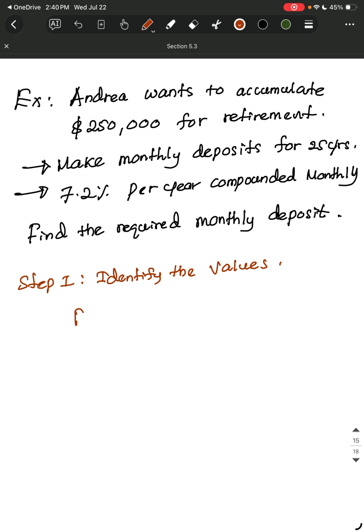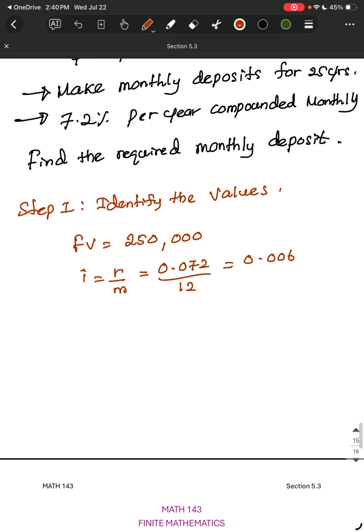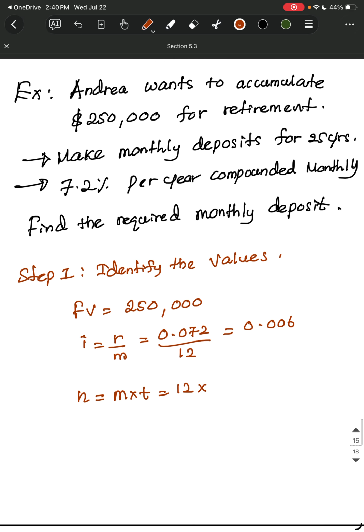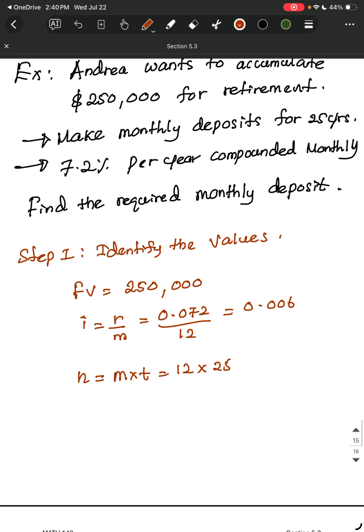Let's say future value $250,000, and the periodic interest rate i = r over m, 0.072 over 12 monthly, which is 0.006, and the number of deposits n = m times t, 12 times 25 years. Therefore, 300 equal deposits.